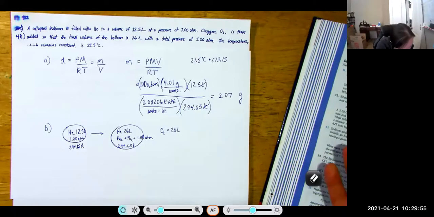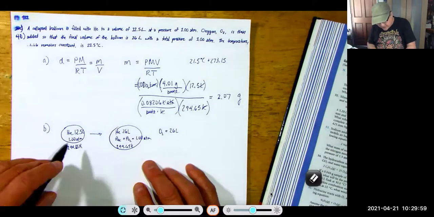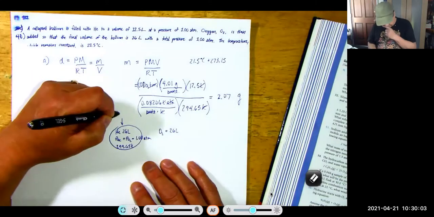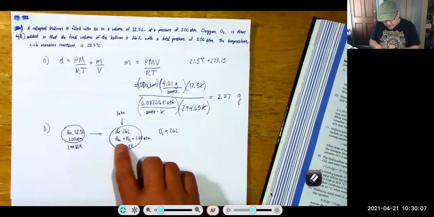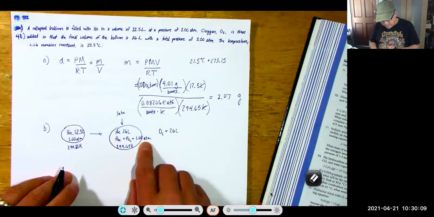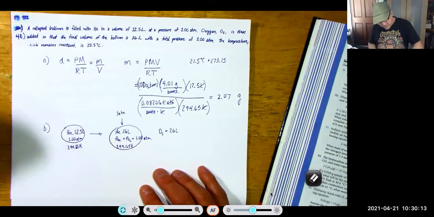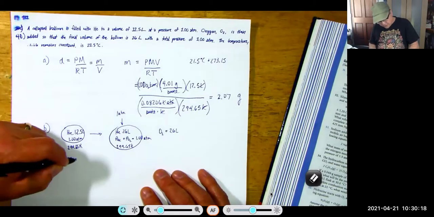The other thing we know is that we add these two and get 1 atmosphere. We also know, since this is a partial pressure problem, that the mole percent is going to equal the pressure percent.